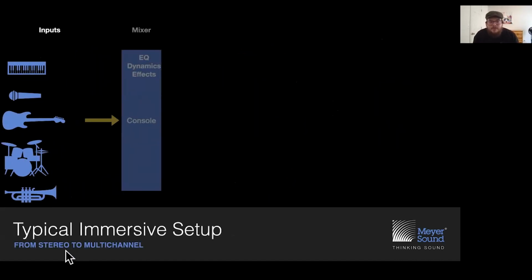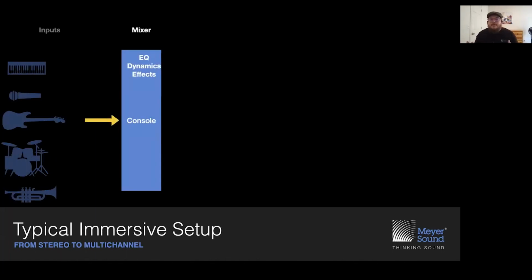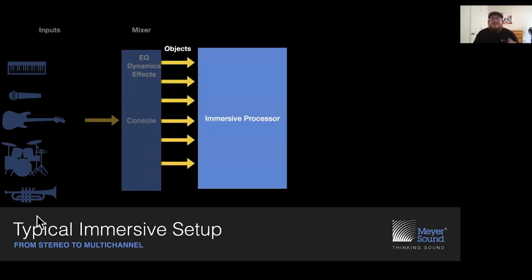Well, now with these immersive systems that are out, you have those inputs sent to the console still. And the console is still doing what it's great at: EQ, dynamics, and effects. But now they're saying, instead of having all of your inputs sent down a stereo channel, send each input or a bus or a group of inputs.